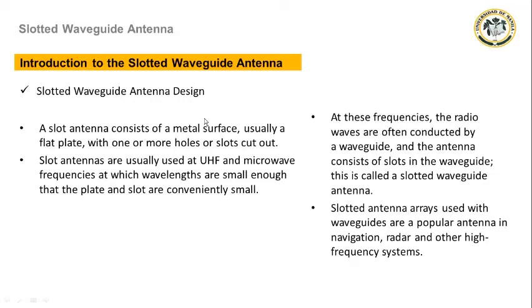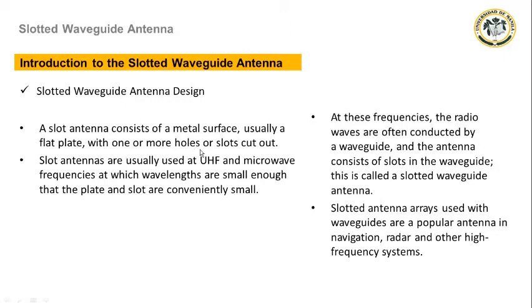Slot antennas are usually used at UHF and microwave frequencies, at which wavelengths are small enough that the plate and slot are conveniently small. At these frequencies, the radio waves are often conducted by a waveguide, and the antenna consisting of a slot in a waveguide is called the slotted waveguide antenna.